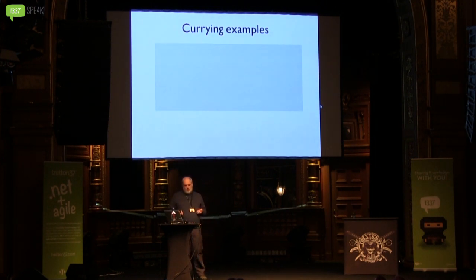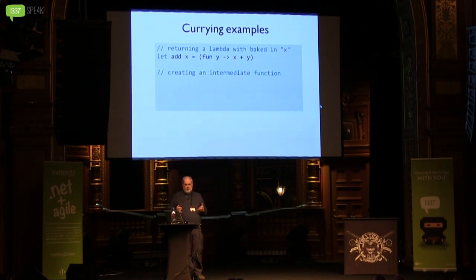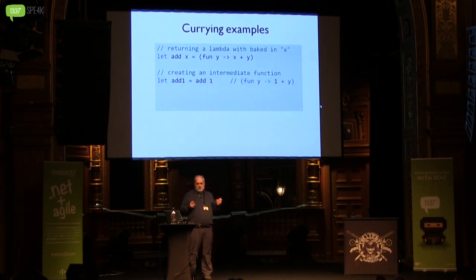But what you can do is you can pass a parameter into this lambda. So I'm going to create a lambda which has x as a parameter, and it's going to bake x into the lambda. So the lambda still needs a y parameter, but the x is kind of hard-coded. So this time, if I say add 1, I can just pass in 1, and that bakes the 1 into the lambda.